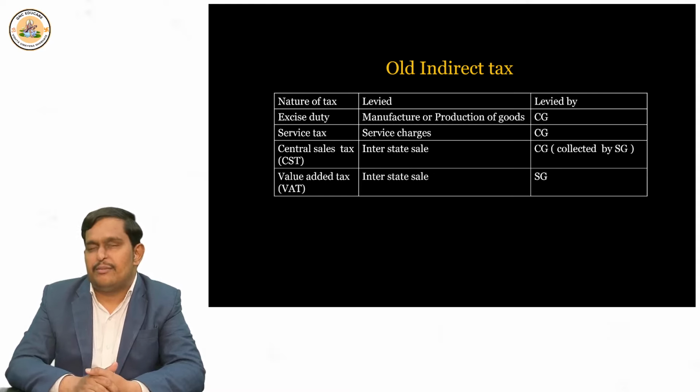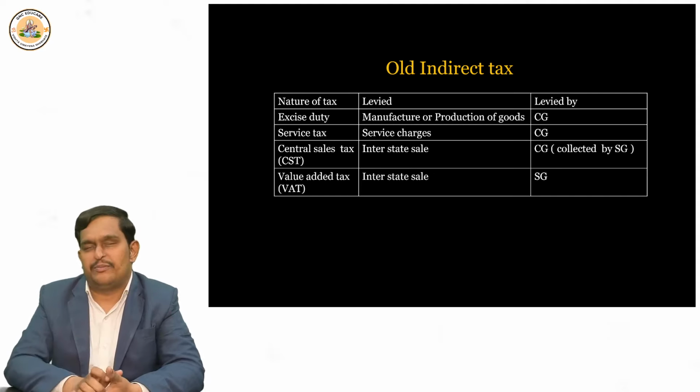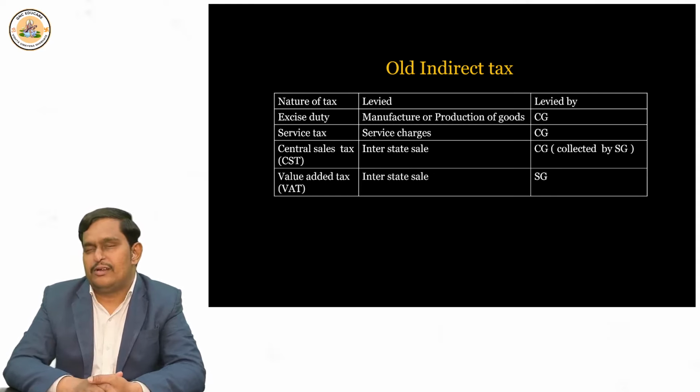So the law is made by the state government and the tax is also collected by the state government only. So now think about it: there are some laws where the central government makes the law and collects the tax. Some laws where the state government makes the laws and collects. Some laws where the central government makes the law and the state collects.